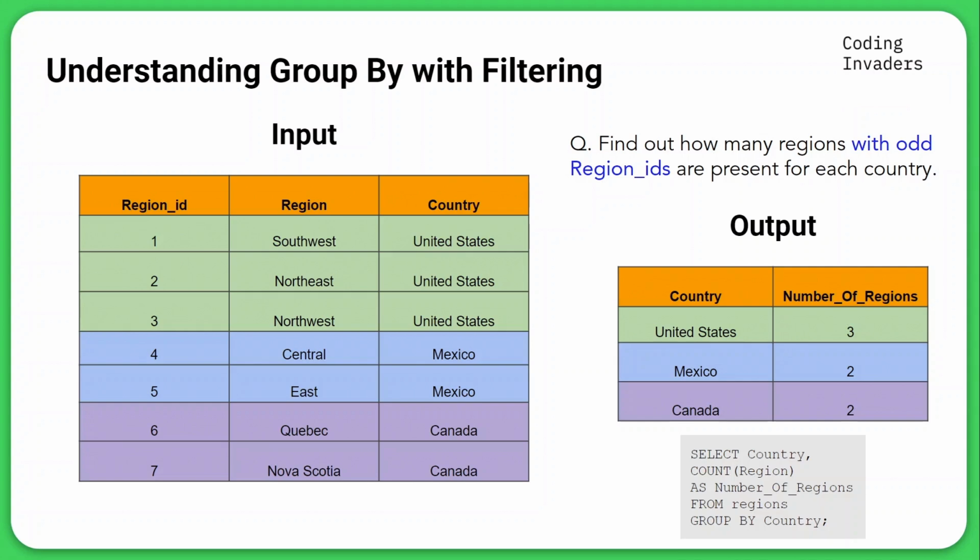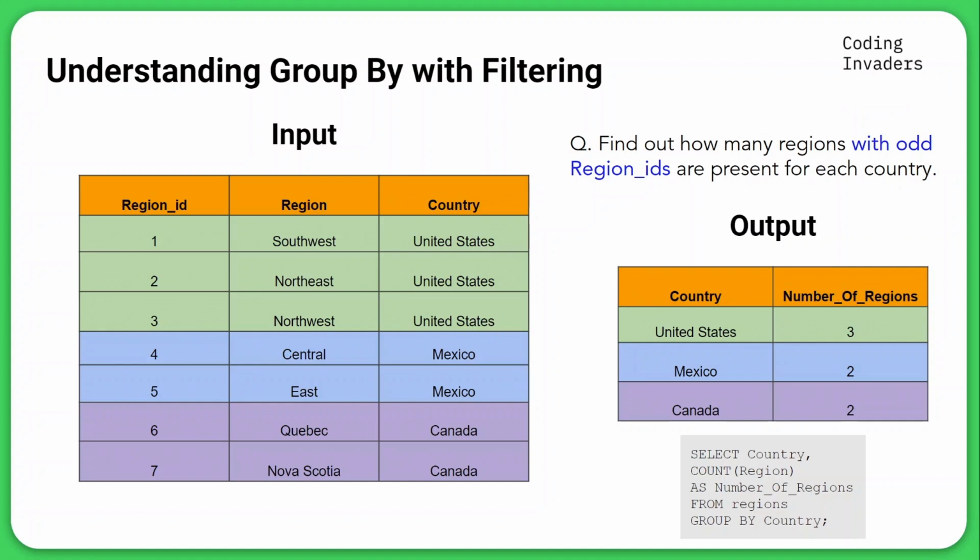Does it make sense to filter this condition on region ID with odd ID before or after the grouping is done on the country? Take a moment and think about this: would it be before or after the group by statement?